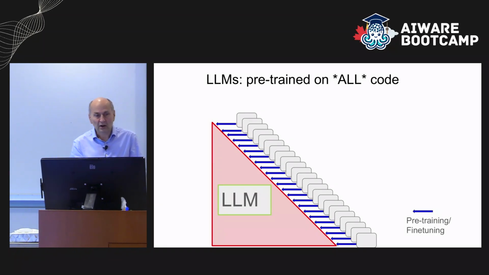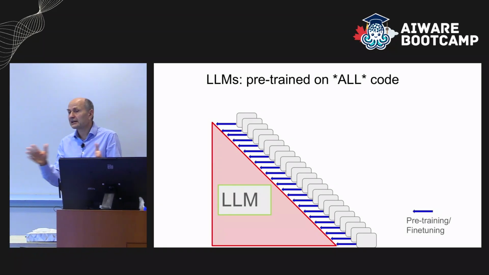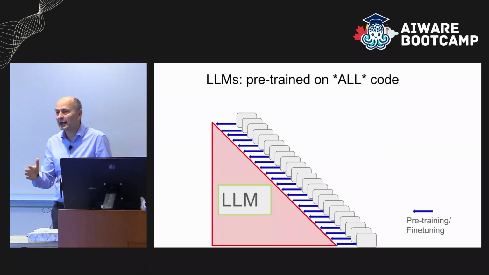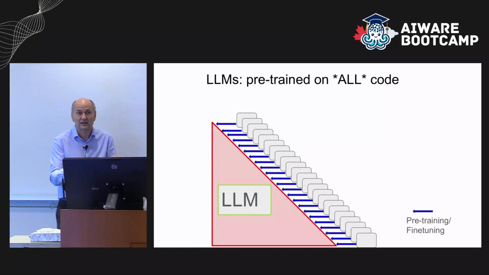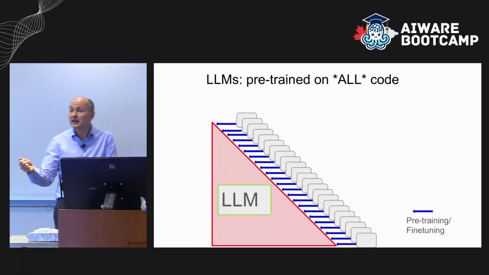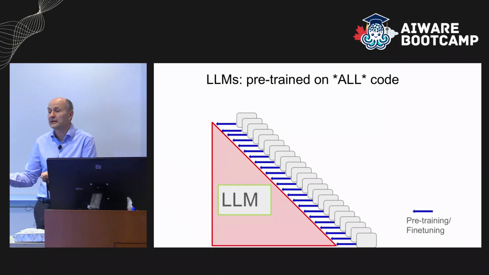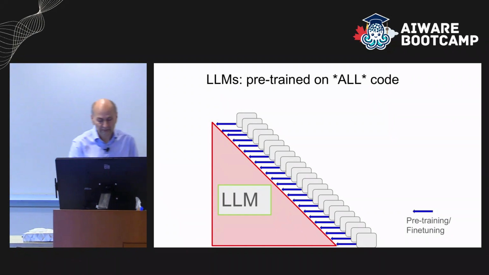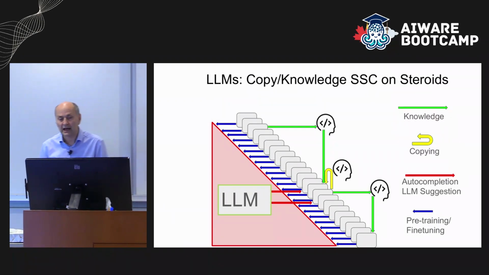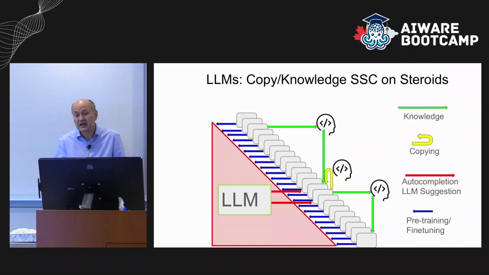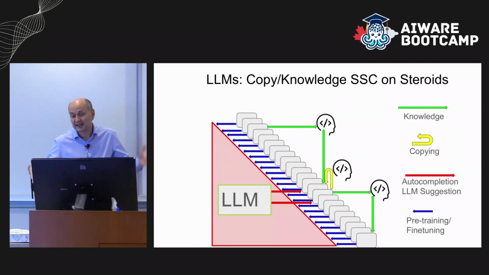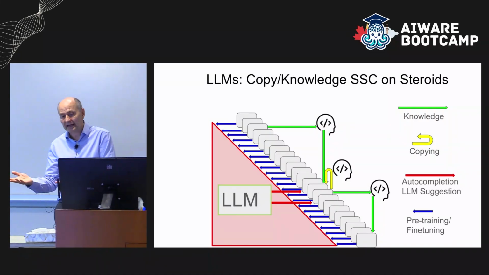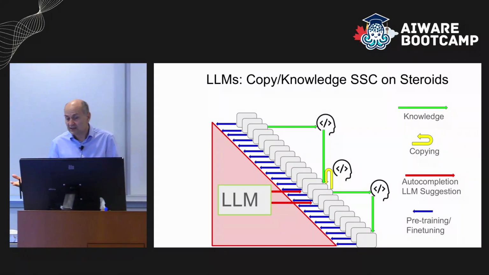So here come LLMs. LLMs are pre-trained on all code, so it's very different from somebody learning about something in one place and copying it to another. They take all the code, and then they may make suggestions that are accepted by developers. So their summary of all this code goes back into some pieces of the code.